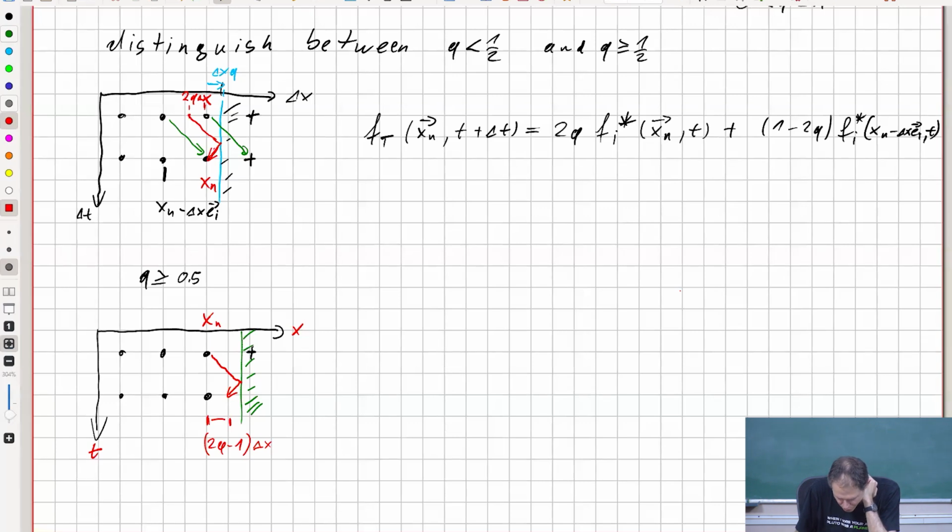What we can do is take into account this population that goes the other way and now interpolate. So this here is obviously delta x, right? And now interpolate between this point and that point after the streaming. So now this works like this.